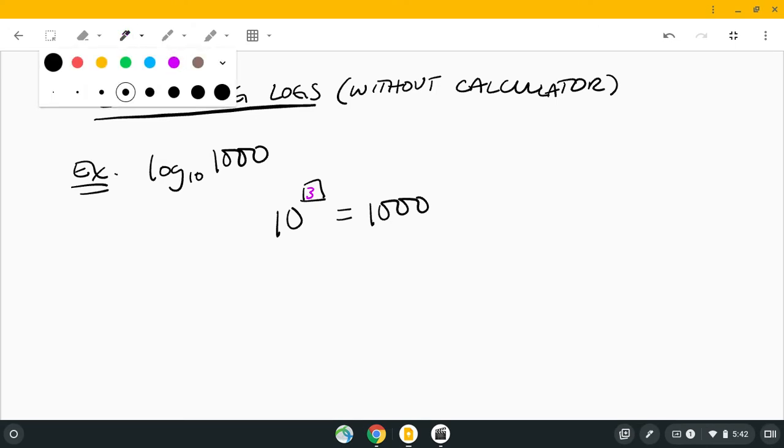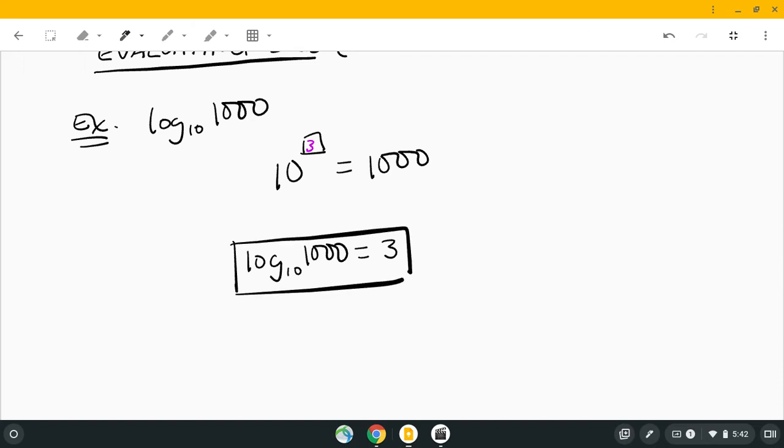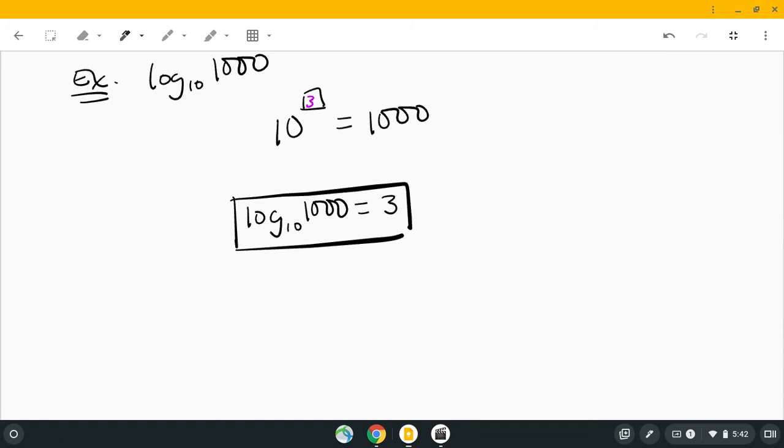So that when I evaluate this, log base 10 of 1,000, my answer will be 3. So if you write the exponential form, then you can try to figure it out like I did right here.